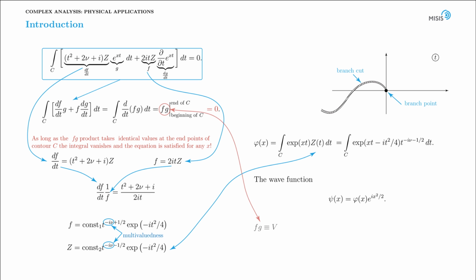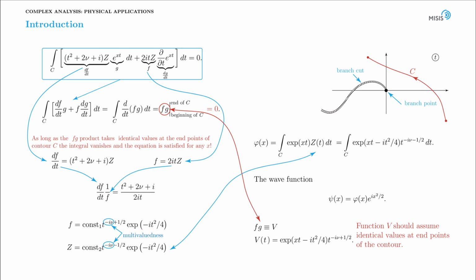Denoting the fg product as a new function v, we set the condition for our contour. It should be drawn in such a way that function v assumes identical values at endpoints. Here, let us point out that v function is also multivalued with the same branch point. It also requires a branch cut for its correct definition.